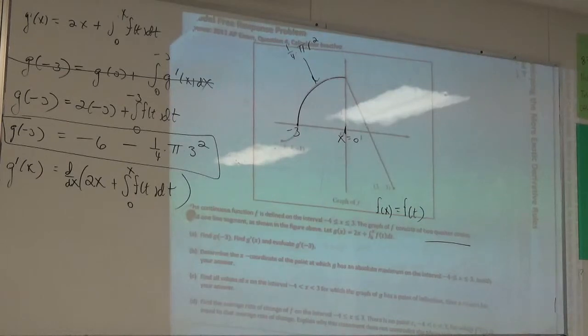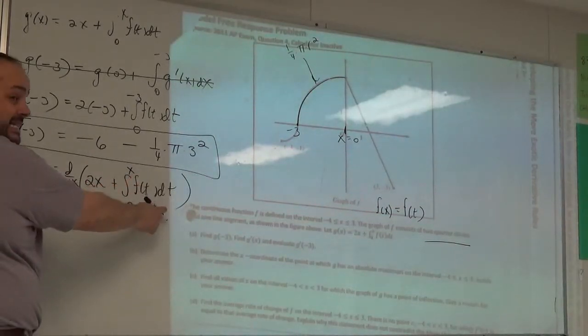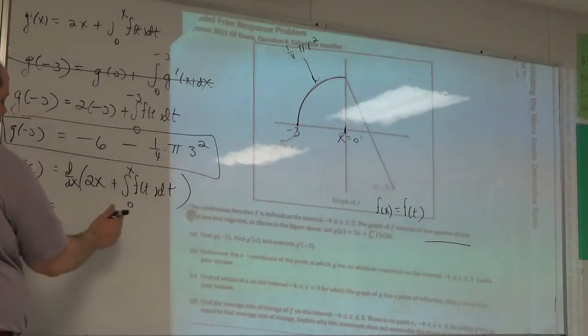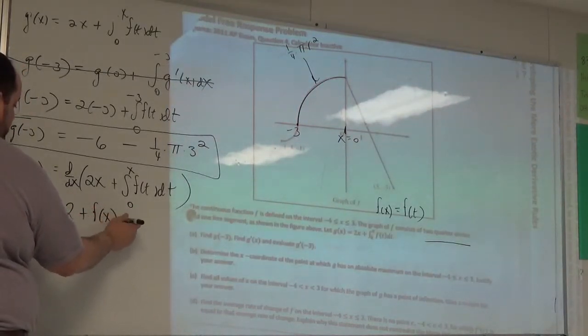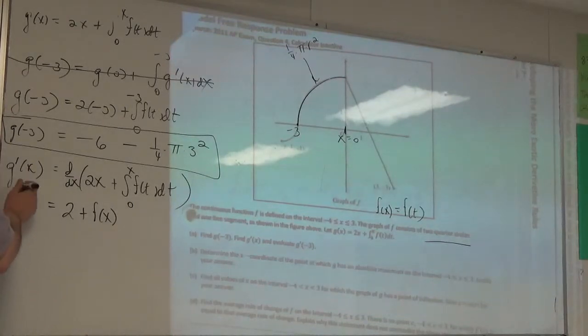But be careful. Aren't you taking the derivative of this plus this guy over here? Right, separately. So it's going to be 2 plus f of x. So g prime of x equals 2 plus f of x.